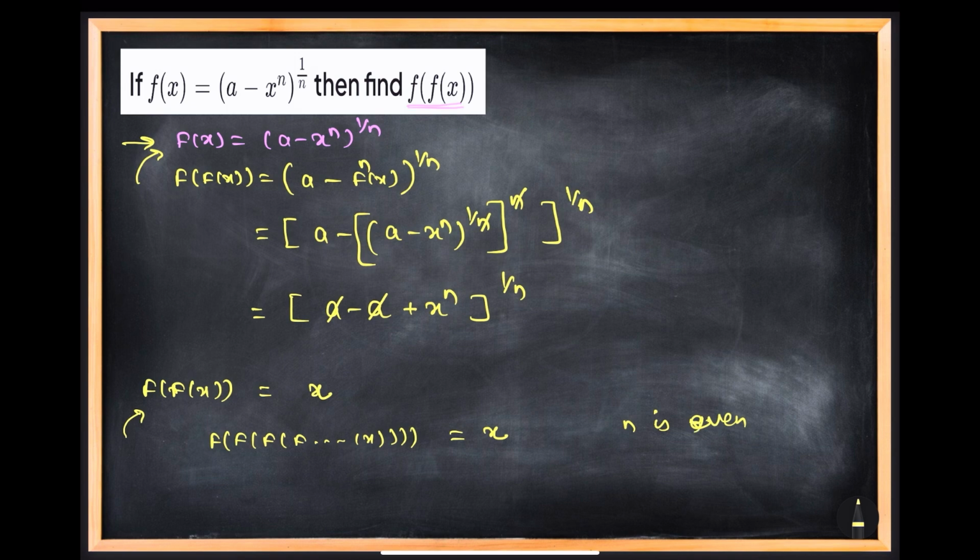If you are applying it an odd number of times, it will be f(x) when n is odd. Okay, this is n times. I hope you got the idea, and whenever you handle these kinds of situations, you can handle them accordingly.